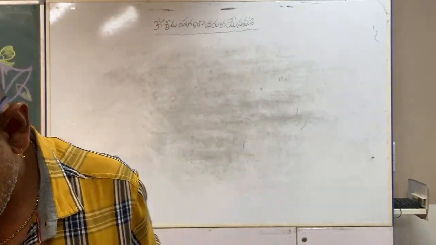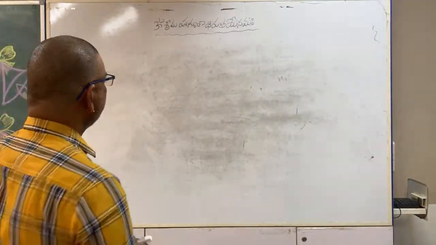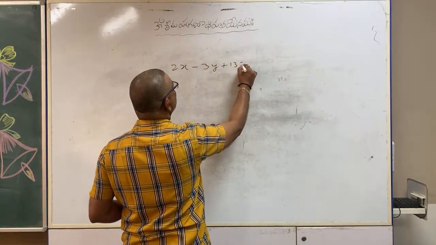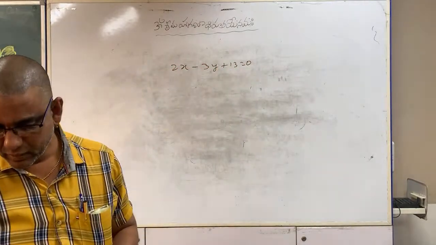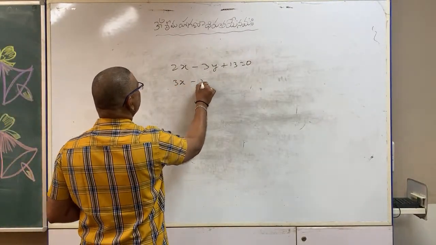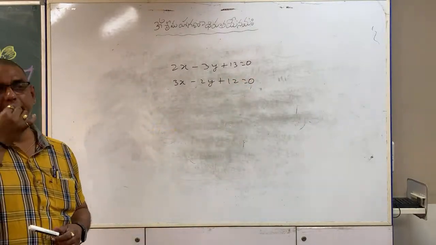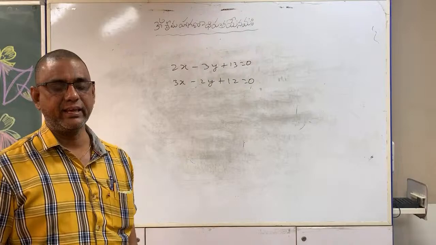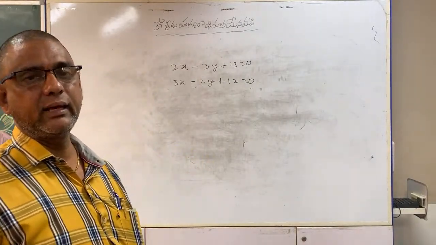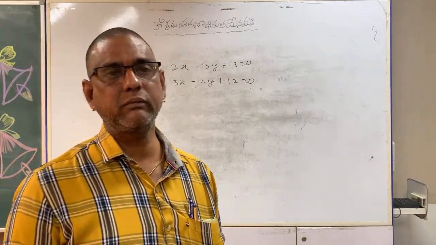The equations are 2x minus 3y plus 13 is equal to 0 and 3x minus 2y plus 12 is equal to 0. We need to find the common solution.